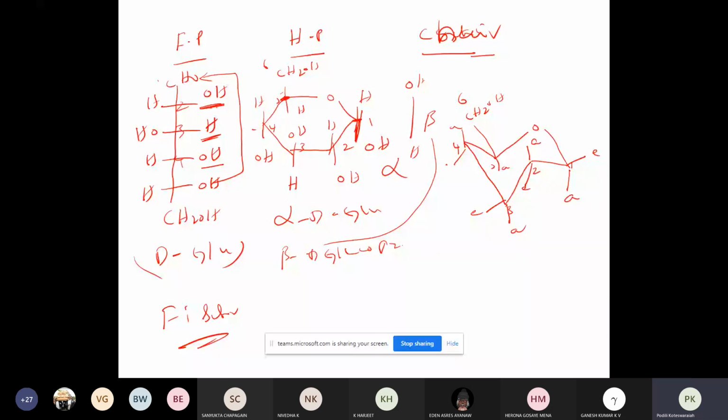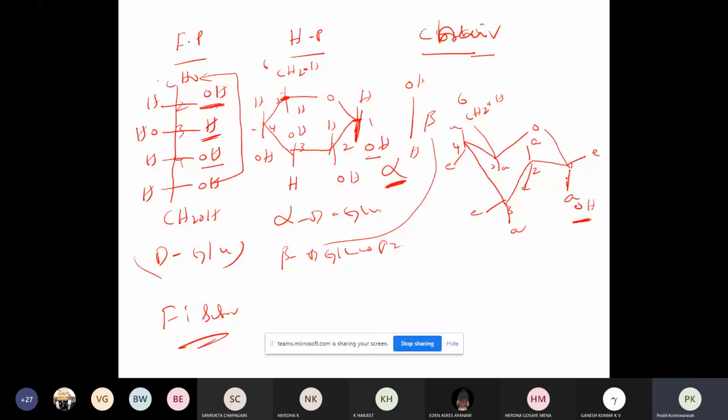All these axial and equatorial bonds are on the opposite side on adjacent carbon atoms. Now you can see here on C1, for example, we are writing the chair conformation of alpha D-glucose. Here the OH group is down, so it should be written in the axial position, that's down. Then OH down, here OH.